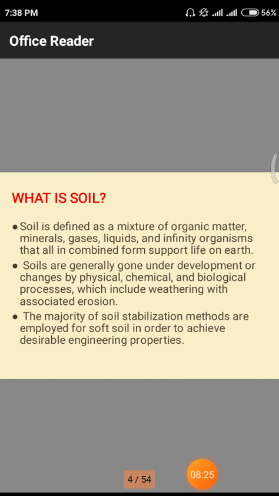First of all, soil is defined as a mixture of organic matter. Mixture means a combination of organic matter. Organic, as we studied in chemistry, means only carbon, hydrogen and oxygen. Those three elements in combination we call organic matter, then minerals.